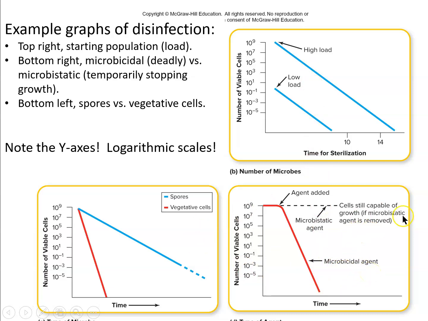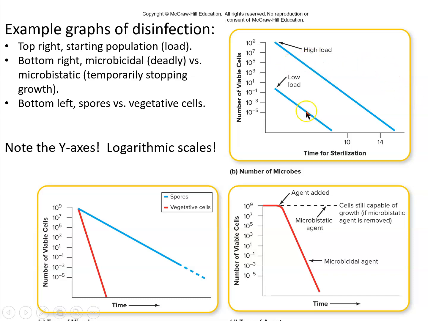Now you might be asking, why are they showing these negative powers of 10? Why, if 10 to the minus 1 is 1/10 of a cell, what does that even mean? Well, it doesn't mean anything literally. I mean, you can't have 1/10 of a cell and it be alive.